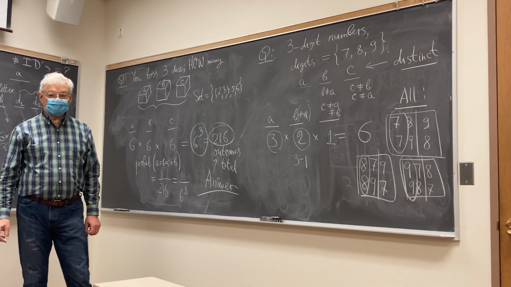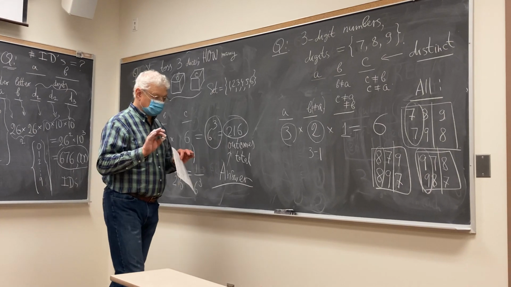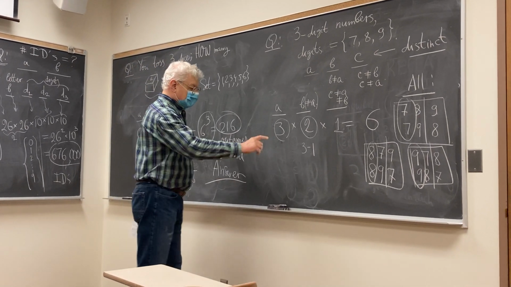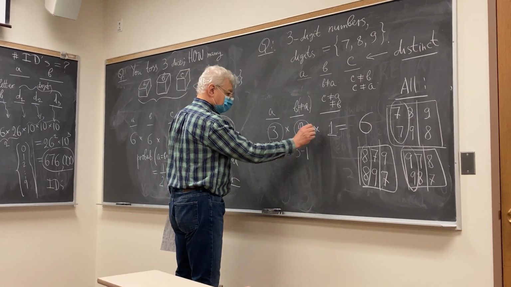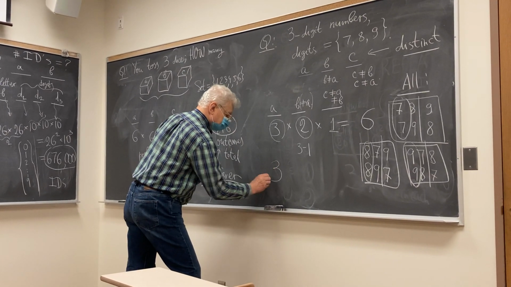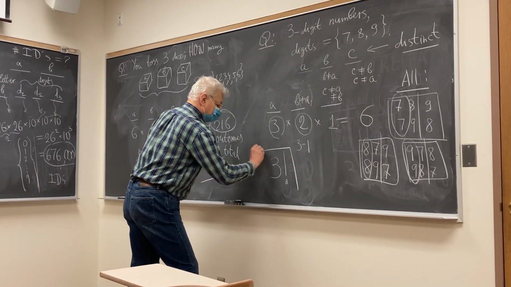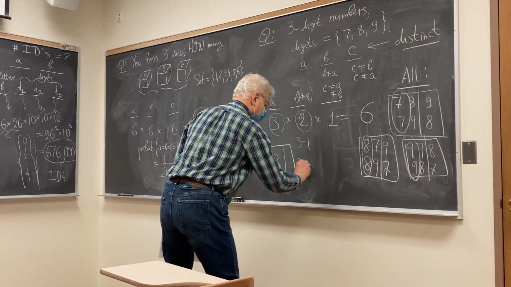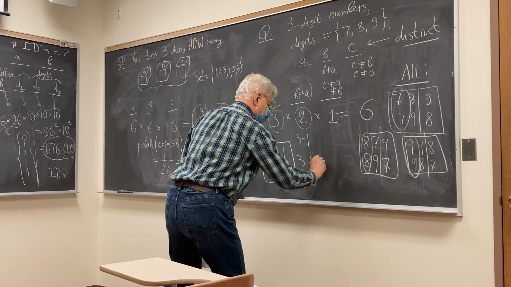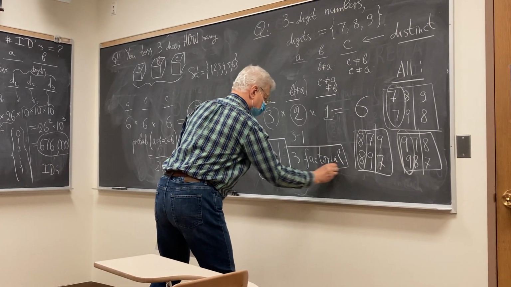I pronounce a very important word, and we'll make the next step. So this number, the product 3 times 2 times 1, for brevity is denoted as follows: 3, and then you write an exclamation sign. And it's pronounced 3 factorial.